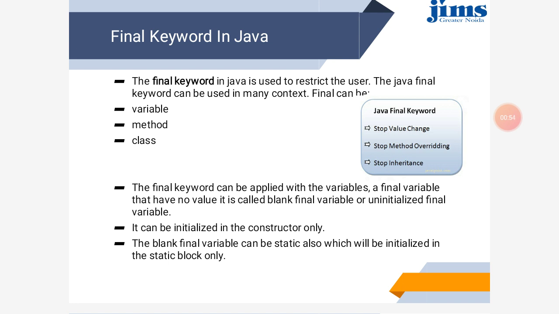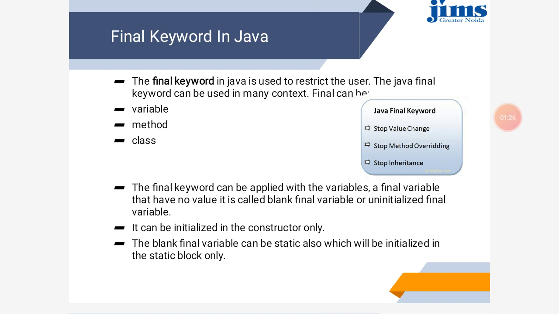If we are not mentioning the final keyword before any method, class, or variable, then there is free access to that resource. But we can use the final keyword with a variable, with a method, and with a class. And why do we use this? We use the final keyword to restrict our user from accessing and modifying it.